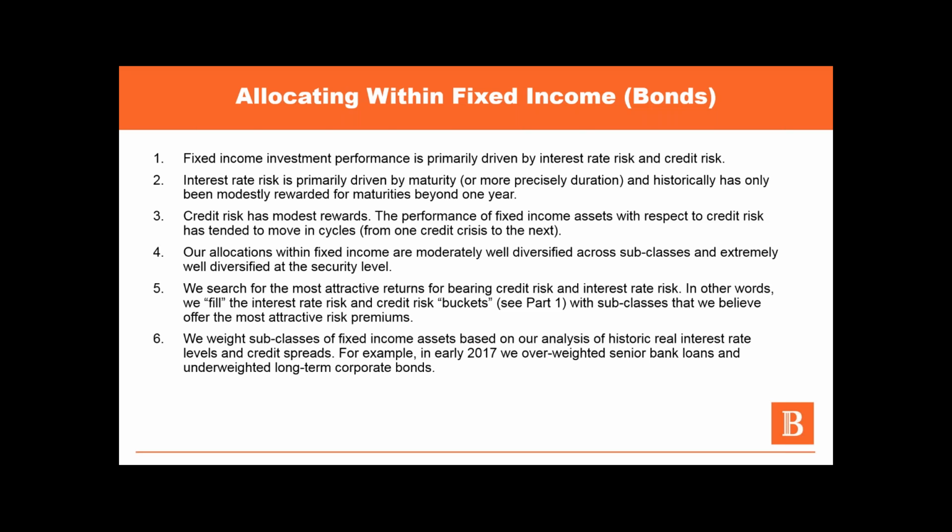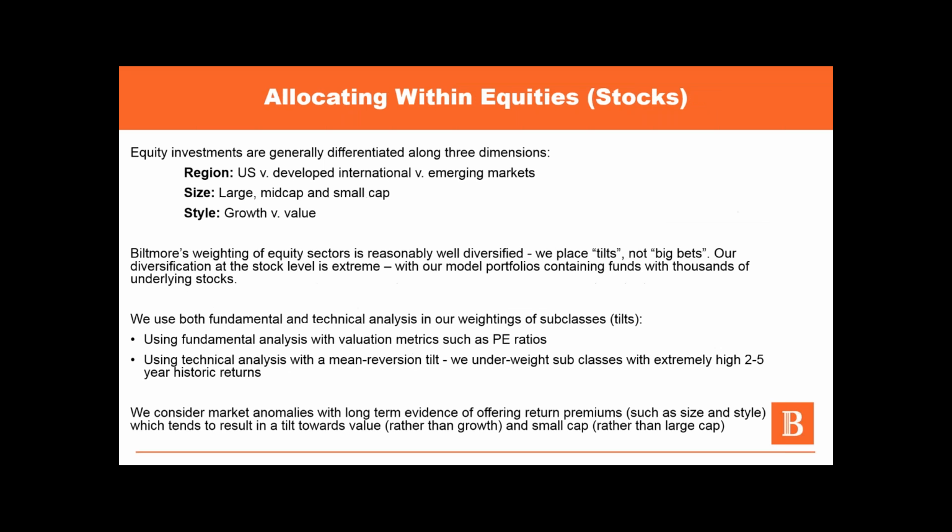So when you look at the fixed income part of your portfolio and you see that sometimes we'll have more money in high yield, sometimes more money in corporate bonds, this is what we're trying to do. We're trying to manage the interest rate and credit risk of the fixed income portion of the portfolio to take the risks that are worth bearing, are being well rewarded, and to reduce the risks that we don't think are well rewarded.